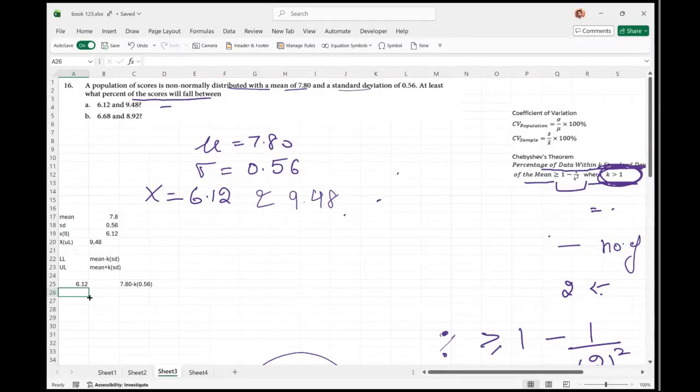So this is going to go on the other side: 6.12 minus 7.80. That's going to give me minus k times s, k times 0.56.